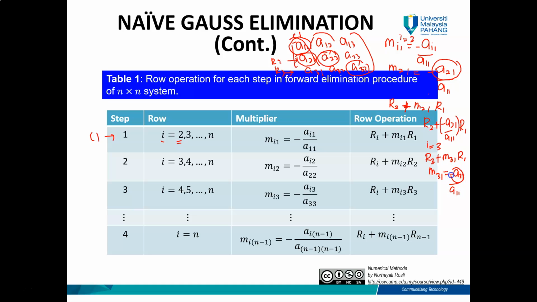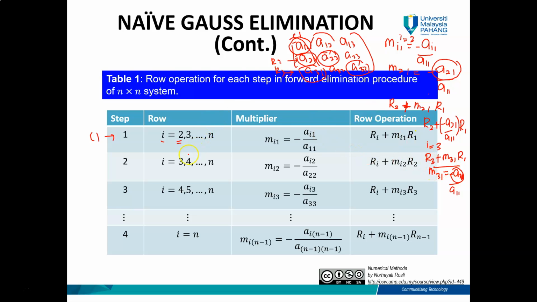A31 is from our matrix, this one. We substitute A31 and A11 to get the value of M31. So how do we reduce A31 to 0? We have to use this formula.